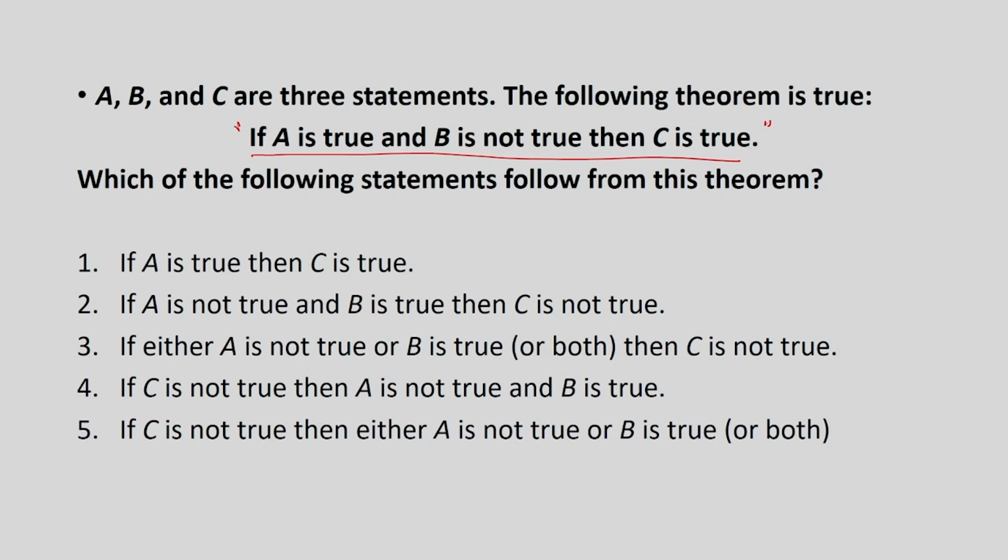And fifthly, if C is not true, then either A is not true or B is true or both. All right. So, these are the 5 options. We have to find out which of them is correct, which of them actually follows from this theorem. Okay, let us see how we can solve this problem.